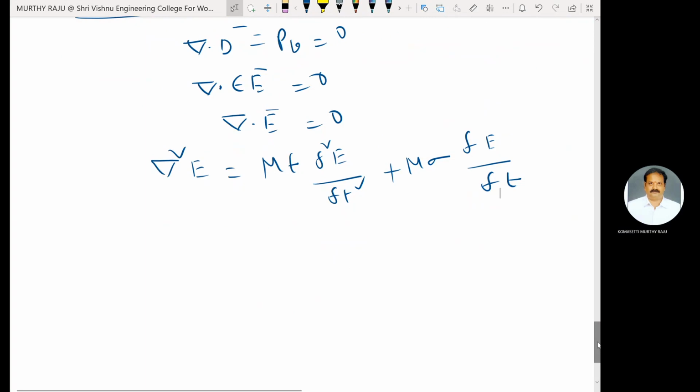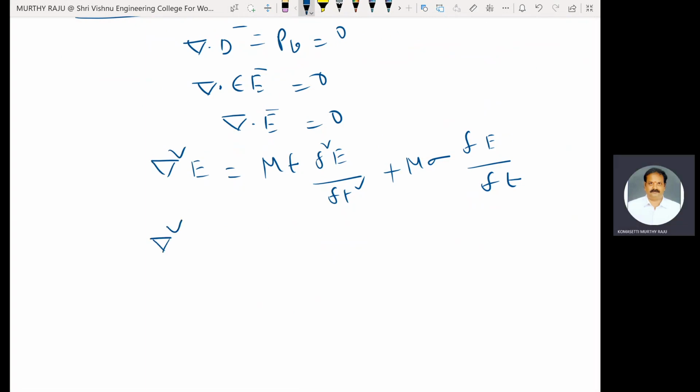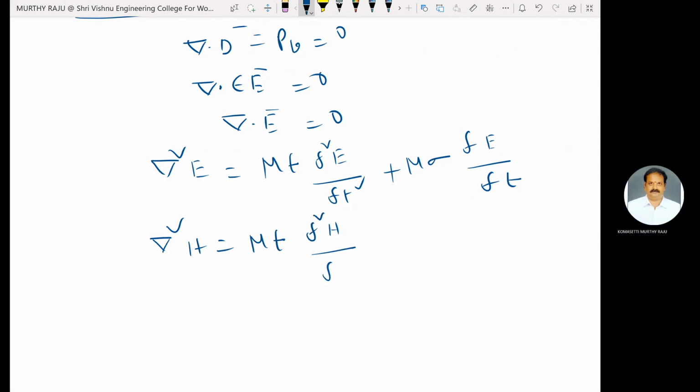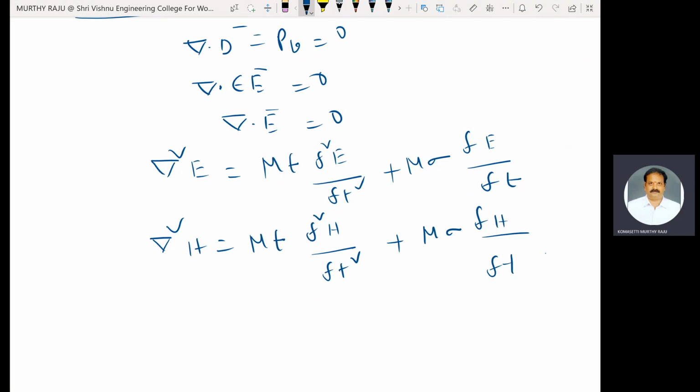And del square H is equal to mu epsilon dou square H by dou t square plus mu sigma dou H by dou t. These are the two equations for the wave equation for a conducting media.